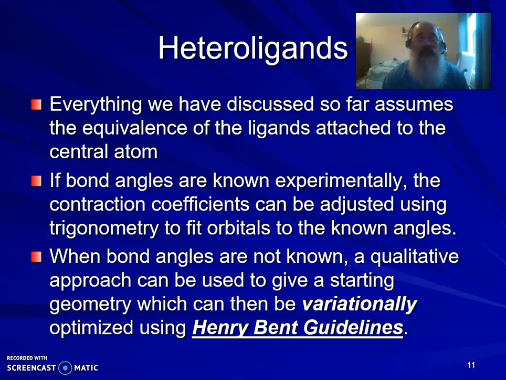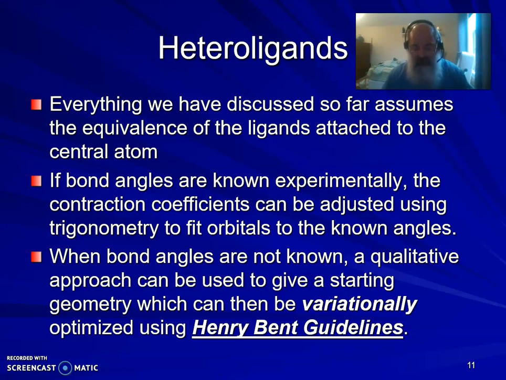If the bond angles are known experimentally, the contraction coefficients can be adjusted using trigonometry to fit orbitals to the known angles. When the bond angles are not known, a qualitative approach can be used to give a starting geometry. And then that same variational procedure we just described a few minutes ago can be used to optimize the geometry.